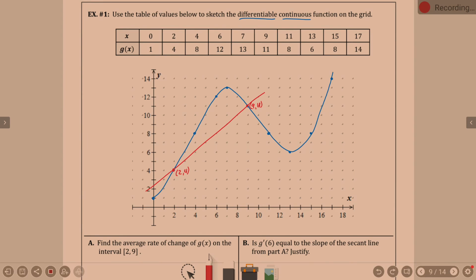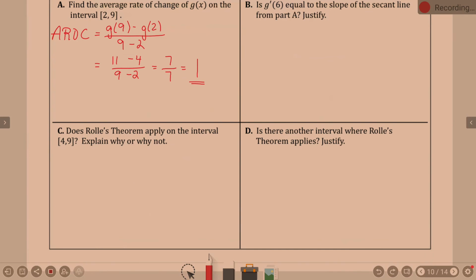Okay. B. Of course. Is g prime of 6 equal to the slope of the secant line from part A? So what's the slope of the secant line from part A? That was the 1. So I want to know, is g prime of 6 equal to 1? That's what I need to know here.